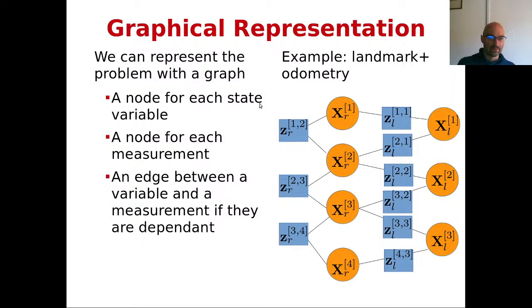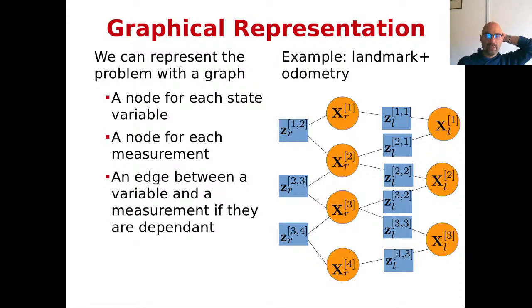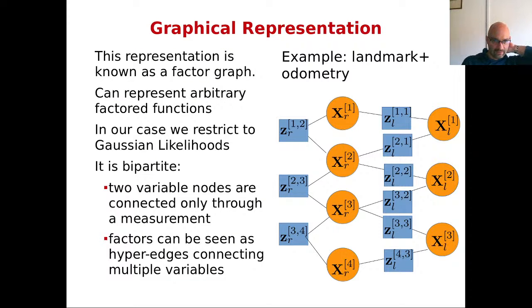Very good. Now, as I mentioned, this representation is called a factor graph. It can be used to represent arbitrary factored functions, and it's a bipartite graph in the sense that the nodes have two colors: this pinkish yellow here is used for the variables, and this bluish here is used for the measurements.